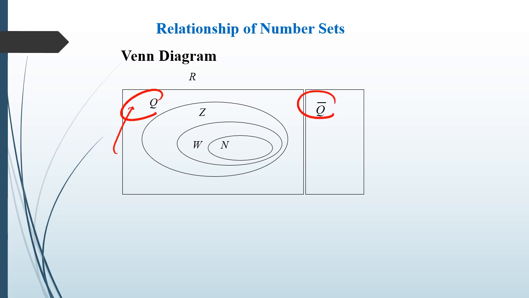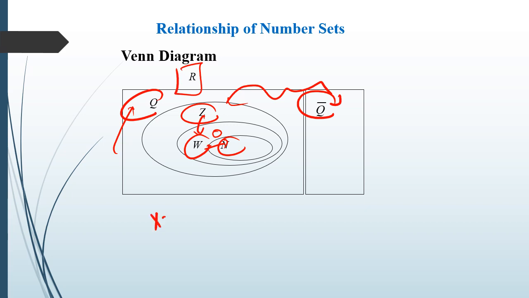Inside the rational numbers, we have the integers, and inside the integers, we have the whole numbers, and without zero, it will be the natural numbers. The combination of these two sets, rational and irrational, gives us the real numbers.